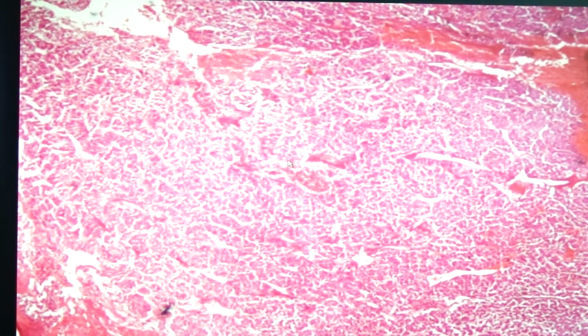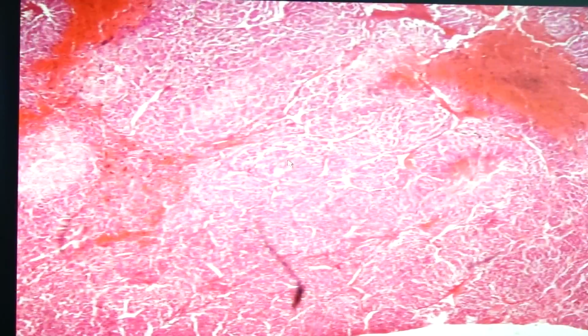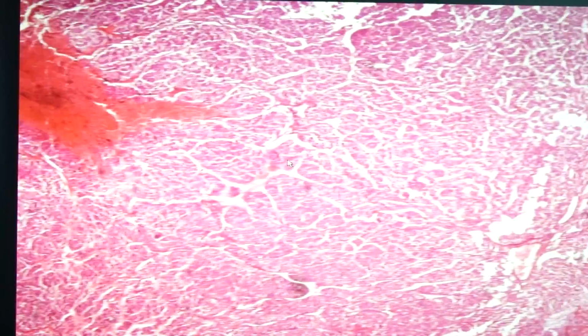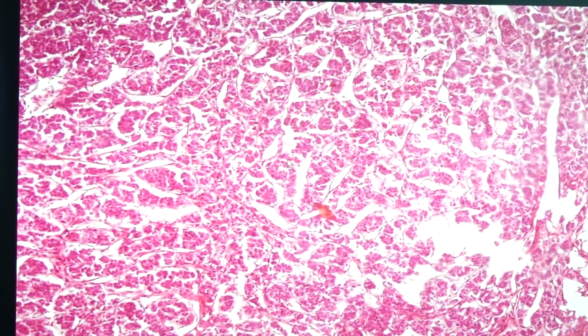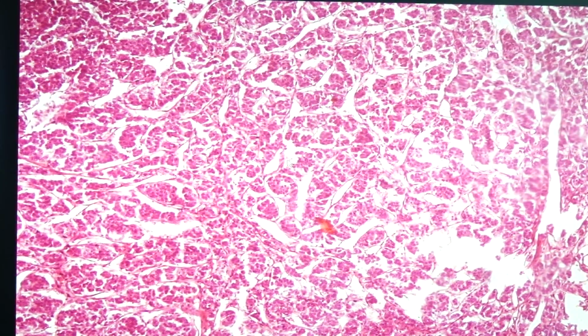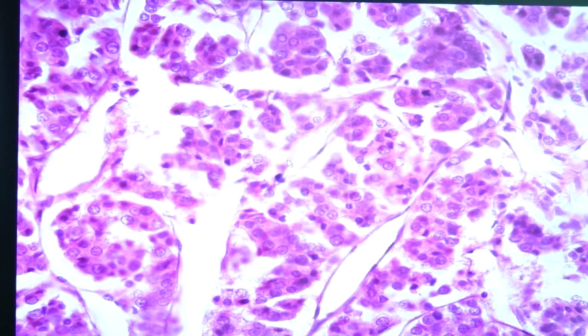It represents around 5 to 15% of the total population of thyroid malignancies. If you're going to look at this particular area, it is indistinguishable from our previous slide, which is the follicular adenoma.